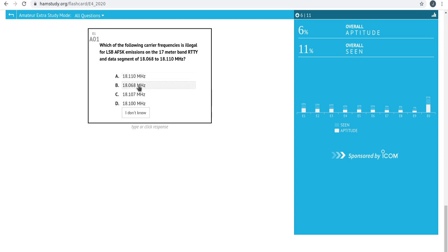I believe it is, so it's A, 18.110, B, 18.068, C, 18.007, D, 18.100. And I believe because it's lower sideband, which means it broadcasts on the left side or the lower side of the frequency, B is the illegal frequency because it's at the band edge. So you're actually going to be transmitting off band.